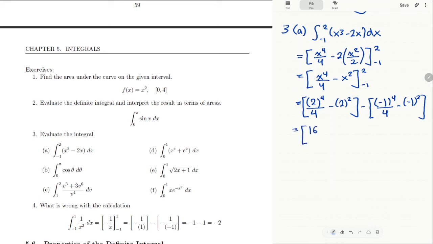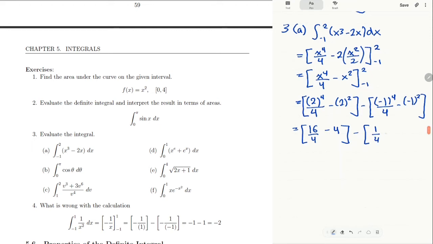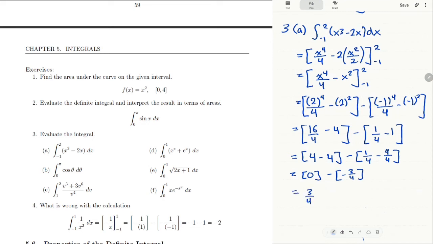So simplifying, we have 16 over 4 minus 4, minus 1 over 4 minus 1. So now let's simplify. We have 4 minus 4, minus a quarter minus 4 over 4. So that gives us 0 minus negative 3 quarters, which is positive 3 over 4.